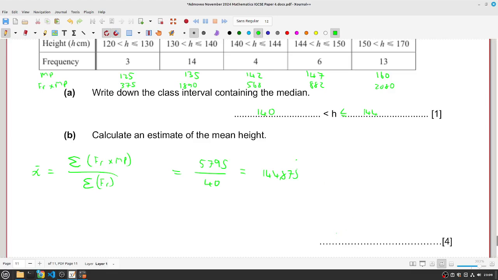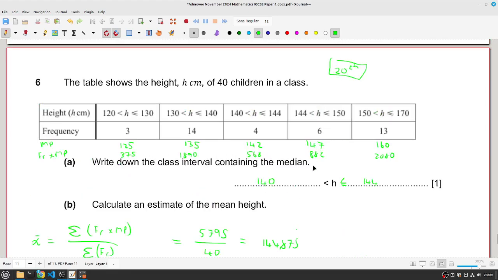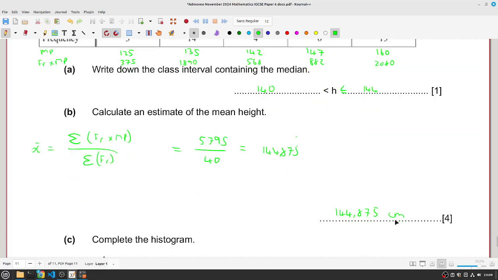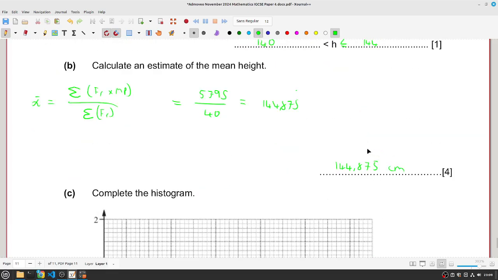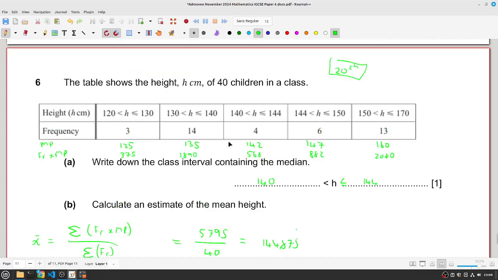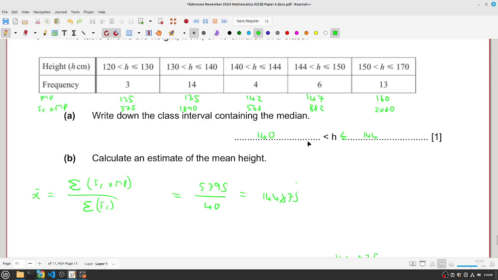That is the height in centimeters, so that is the average. Do a sanity check that 144.875 is inside the range: it can't be bigger than the biggest or smaller than the smallest. That makes sense.